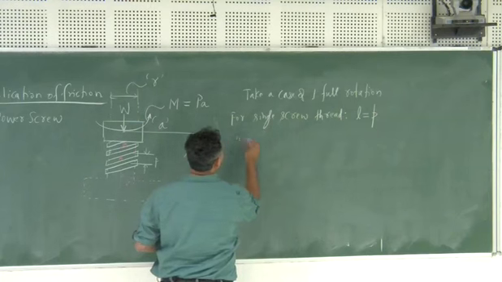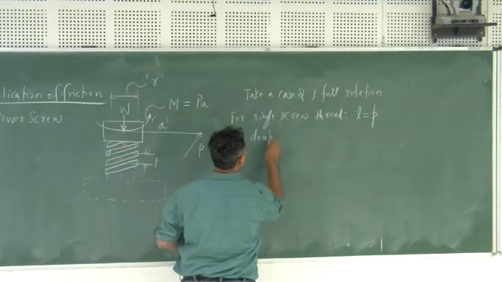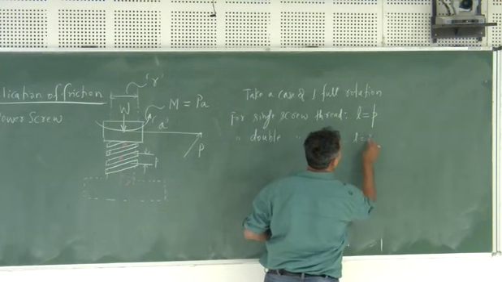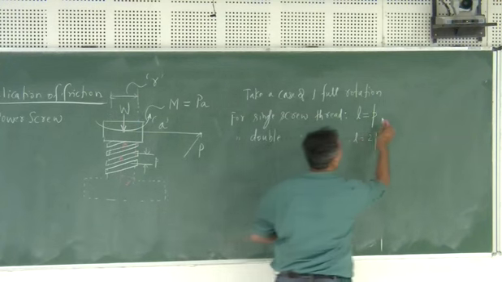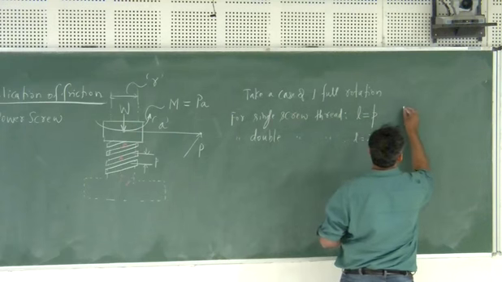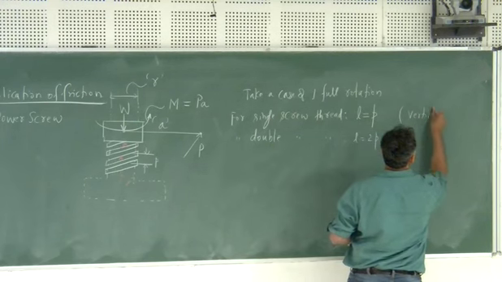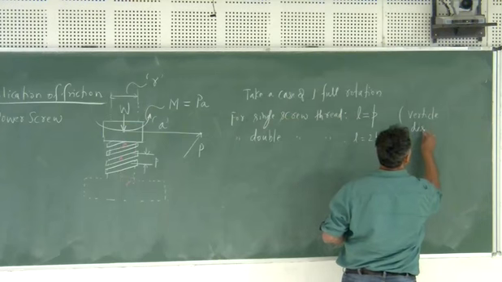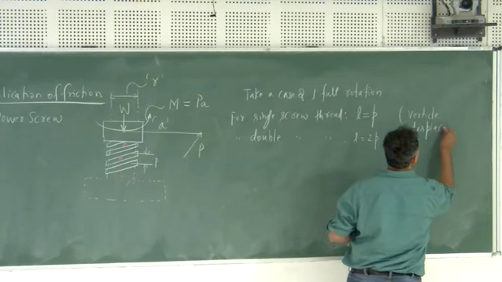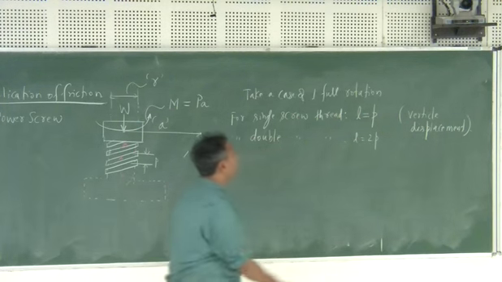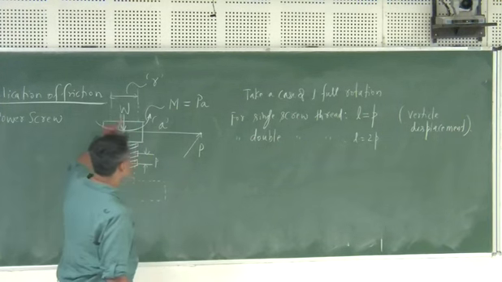Now for the double screw thread system, we will see that this L becomes 2P, and this L is nothing but the vertical displacement in this direction.